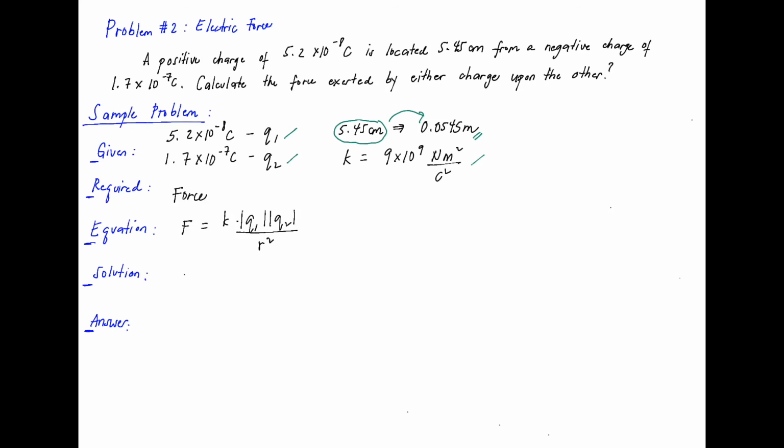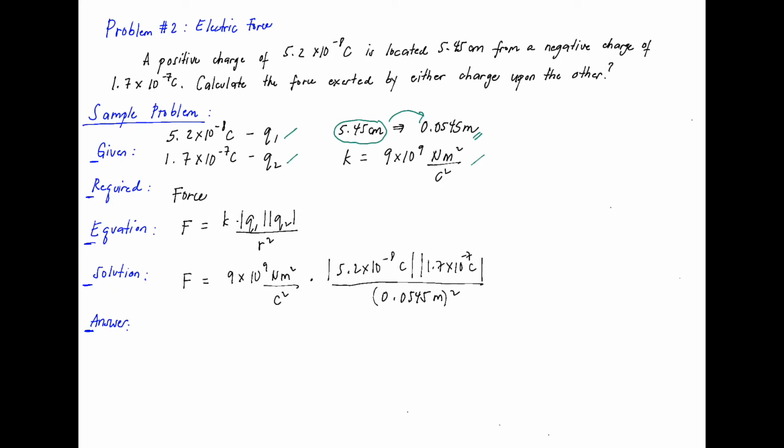The solution is easy since this will just require a direct substitution, wherein the value of K is 9 times 10 raised to 9 Newton meter square over coulomb square, multiplied by the charge, which is 5.2 times 10 raised to negative 8 coulombs, and then the other charge is 1.7 times 10 raised to negative 7 coulomb, divided by the radius 0.0545 meter, and then we have to square it.